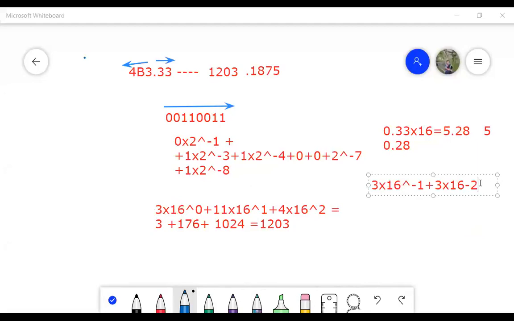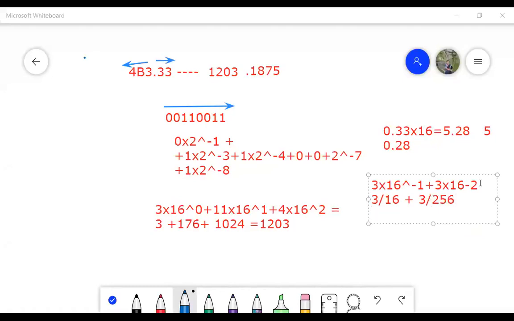Now, what is 16 to the power of minus 1? It is 3 divided by 16, plus 3 divided by 16 into 16, which is 256, so 3 divided by 256.